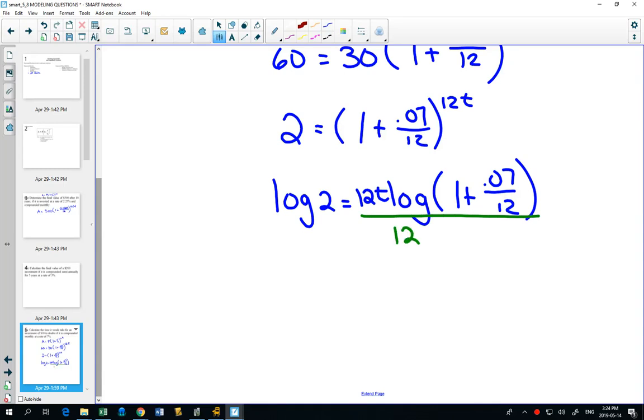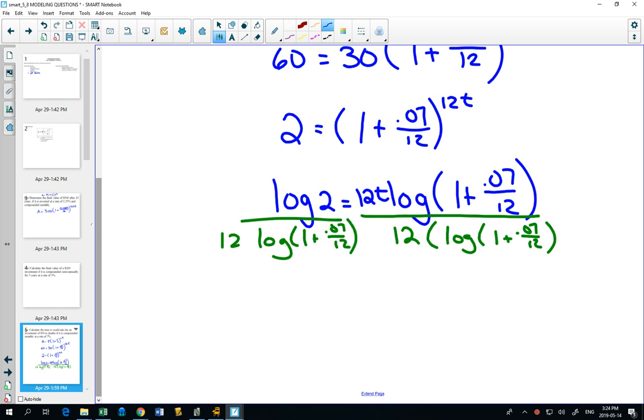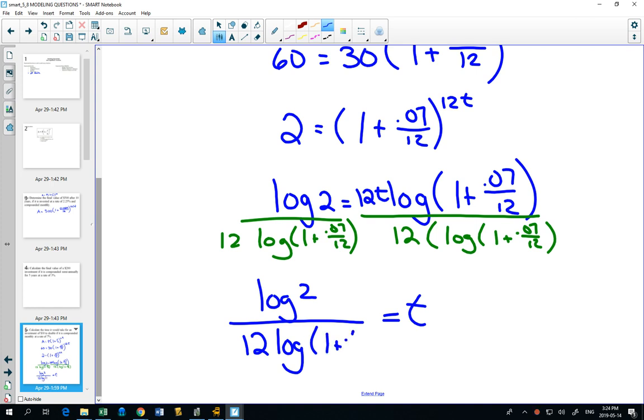To do that, I need to divide by 12 and log 1 plus 0.07 divided by 12 on both sides. That will get me t is log of 2 over 12 log 1 plus 0.07 divided by 12.